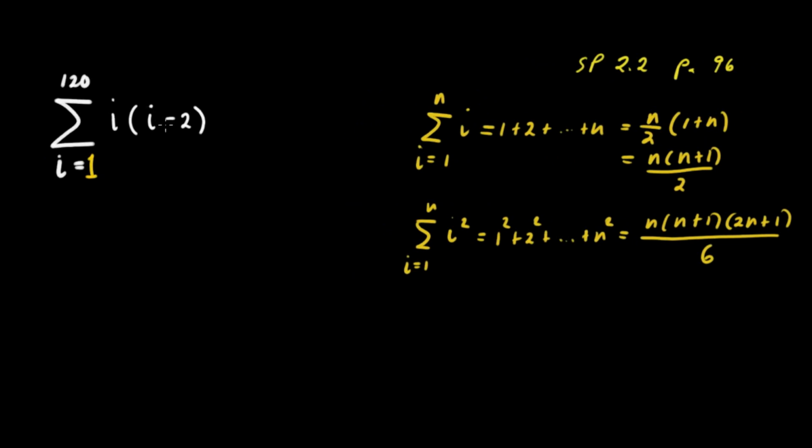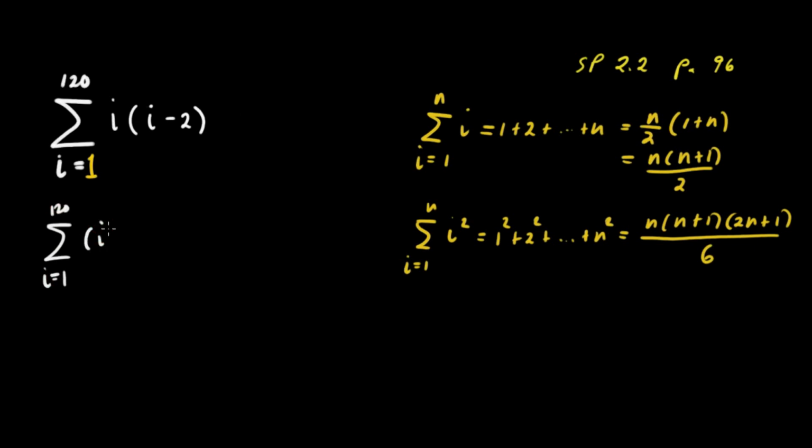So if the summation of i times i minus 2 from i equals 1 to 120, we can rewrite this as the summation of i squared. You can distribute i.